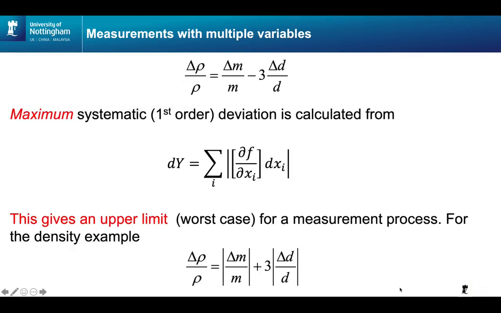So we can change the formula to make it a relative error. Delta rho over rho equals delta m over m minus 3 delta d over d. If we wanted to find the maximum systematic effect, and I've put first order in brackets, don't worry too much about that now, we'll talk about the correlation later.